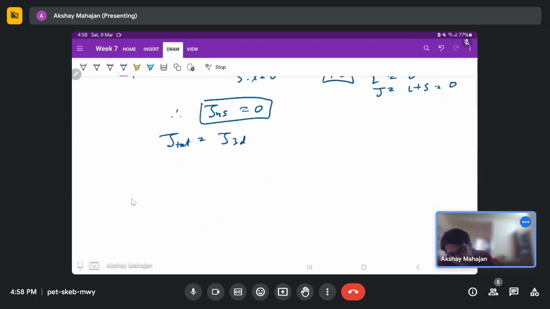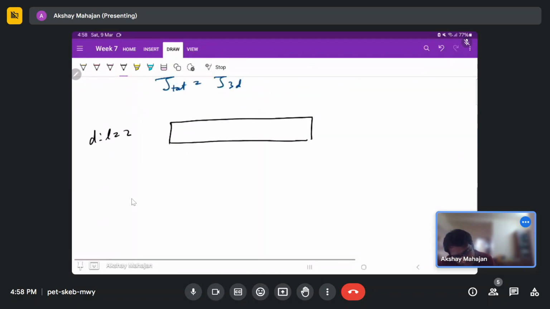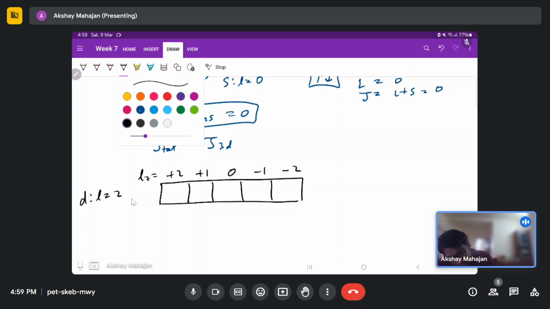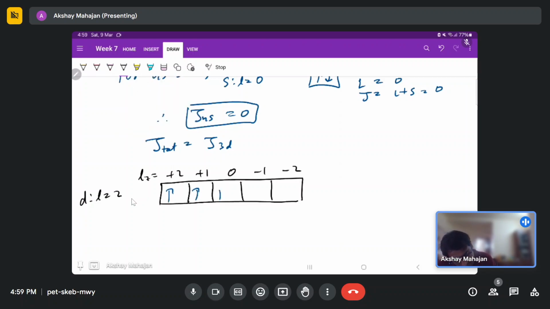Now using this 3d configuration, we have l equals 2. So for the configuration 3d5, Lz equals plus 2, plus 1, 0, minus 1, minus 2. We have to fill according to Hund's first rule.